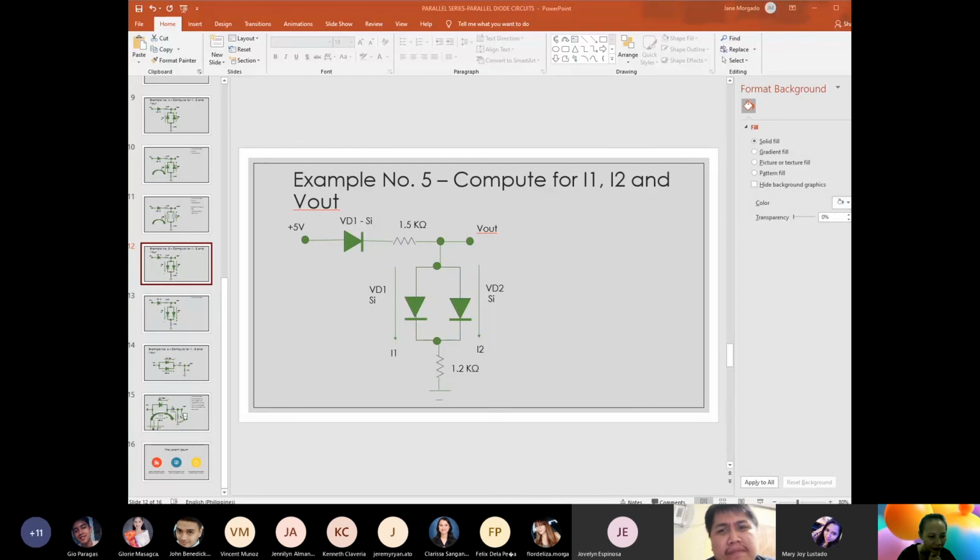Christopher Ferrer, andyan ka na ba? Wala pa rin? Absent? Okay, Christopher Ferrer. Wala talaga. Mary Joy Estado. Present. Okay, present.